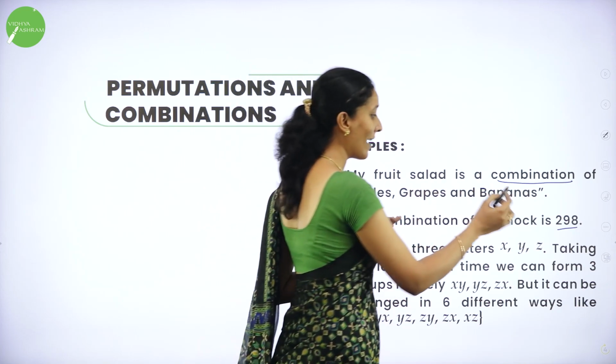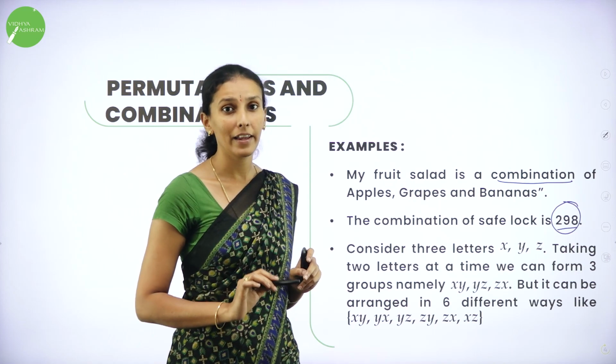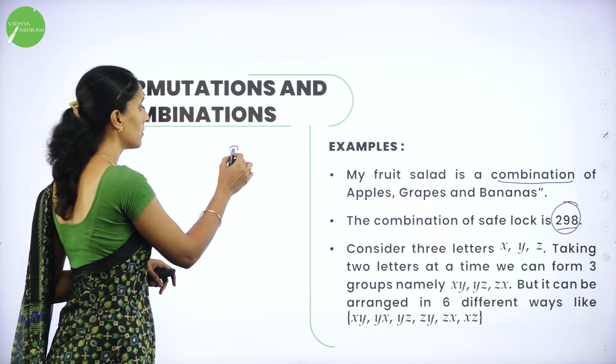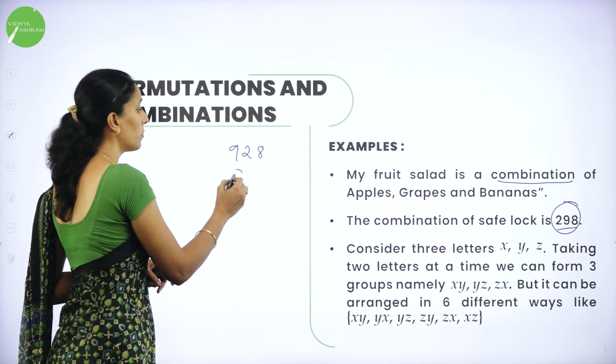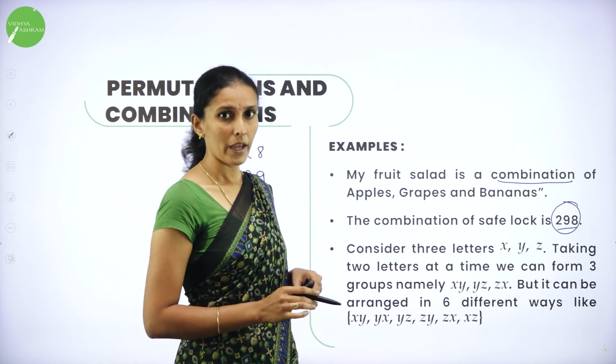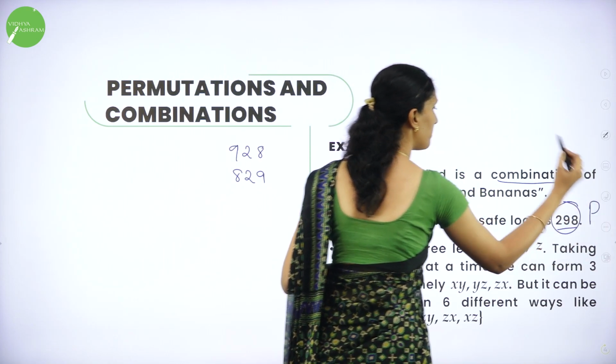So you have arranged this already. You cannot change the arrangement here, or choose any number like 928, or put 829. You cannot rearrange them. So that is permutation. This is an example for permutation.